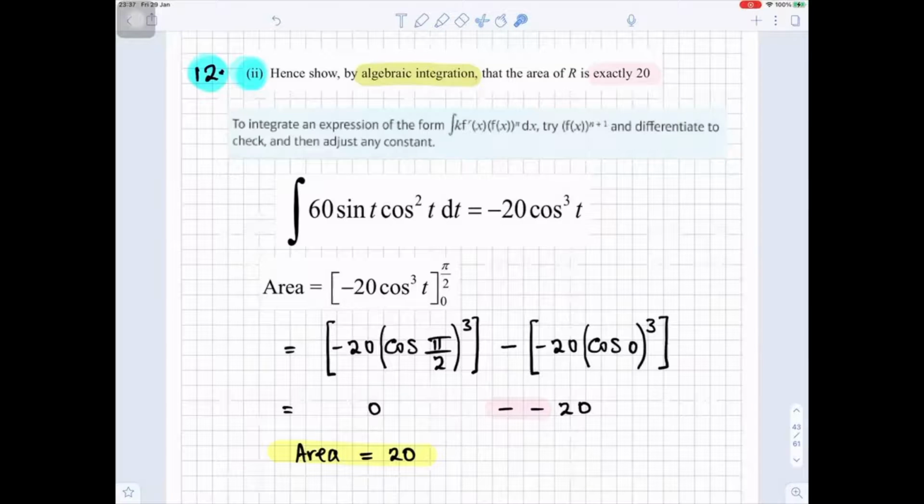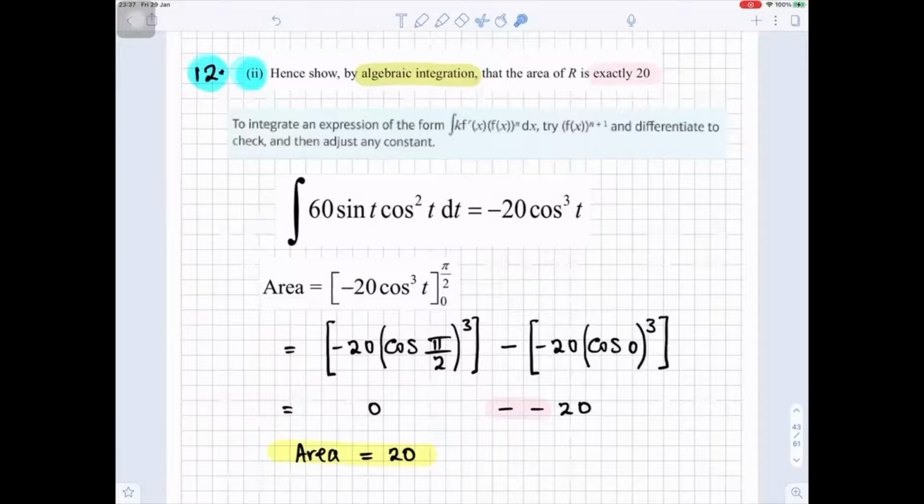So we try the n plus 1 there, 2 plus 1, which gives you 3. So when you differentiate cos cube t, you will get that expression there. So what you want to do is adjust it to get that side.